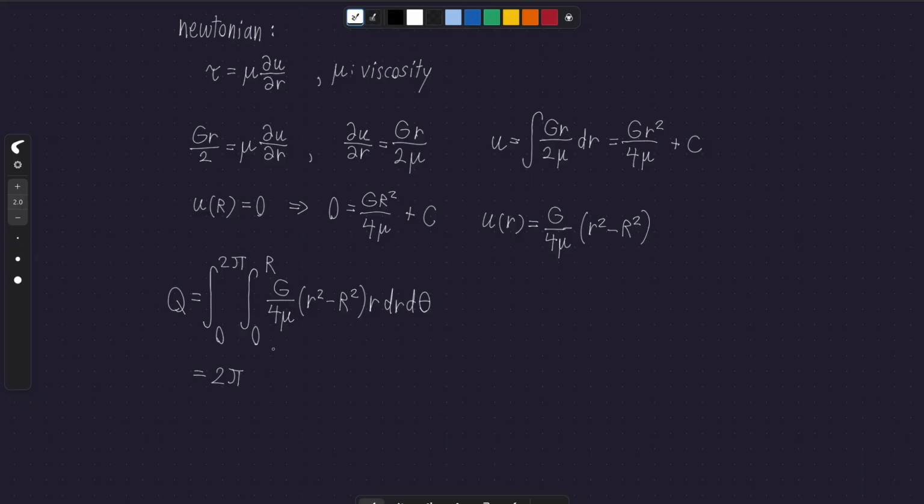We can write it like this. We can take this out of the integral, and we are left with this. Okay, the bottom bound is 0, because if you plug in, you see it all goes to 0, so we're only left with the upper bound.